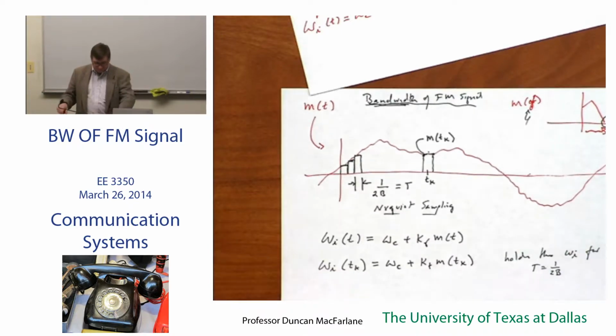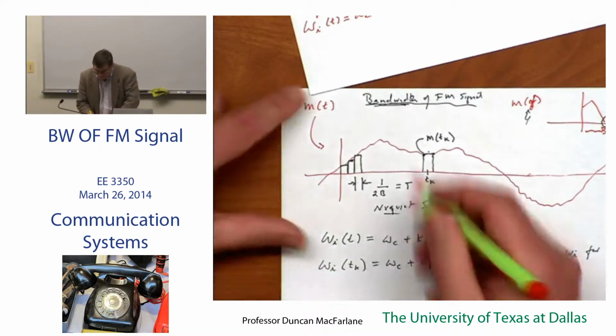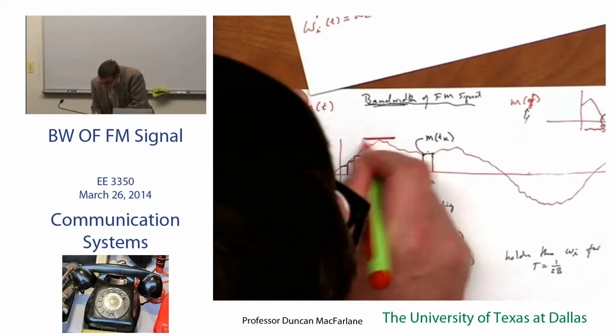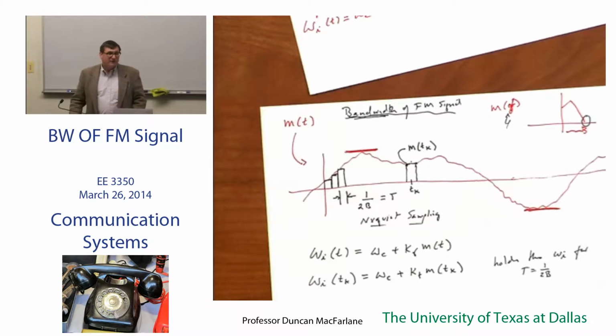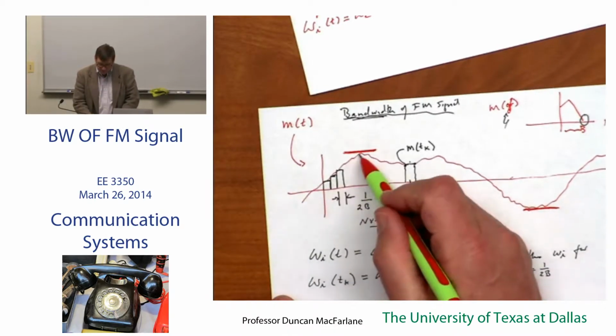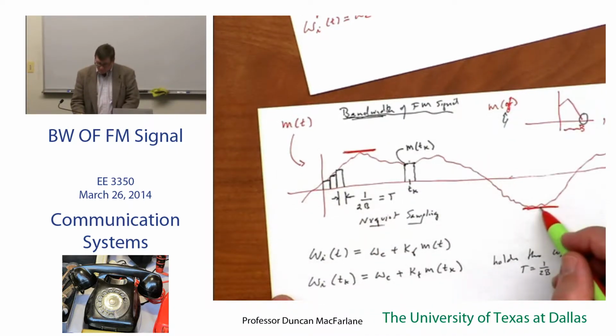But it seems to me that if I have a max and a min, the fastest instantaneous frequency is going to be when I'm at a max, and the slowest is going to be when I'm at a min.